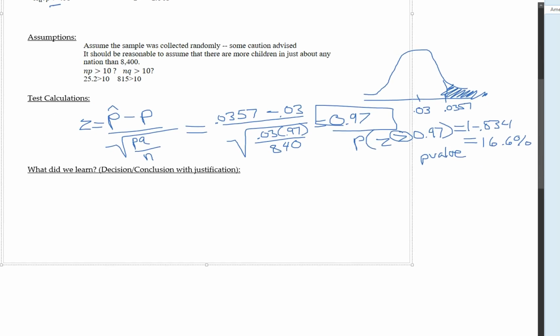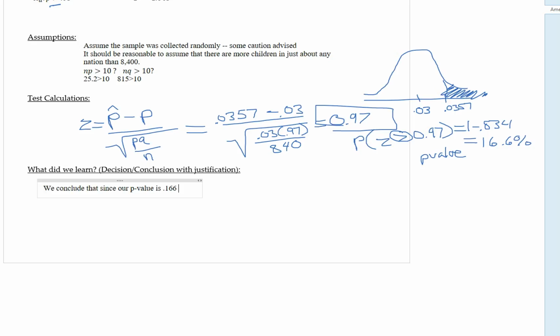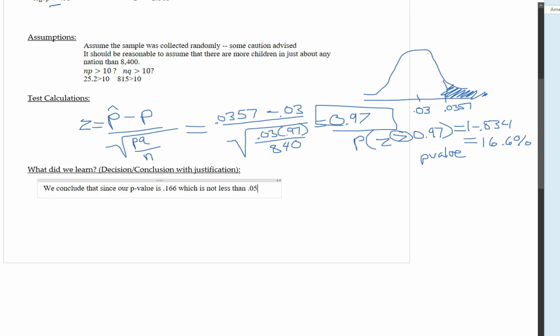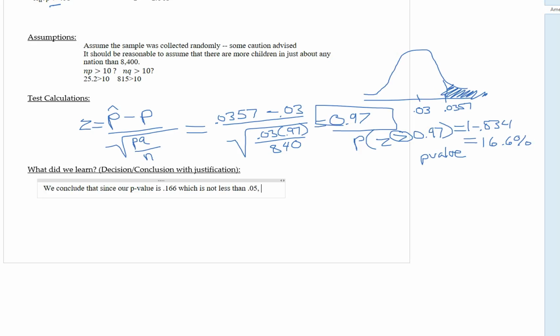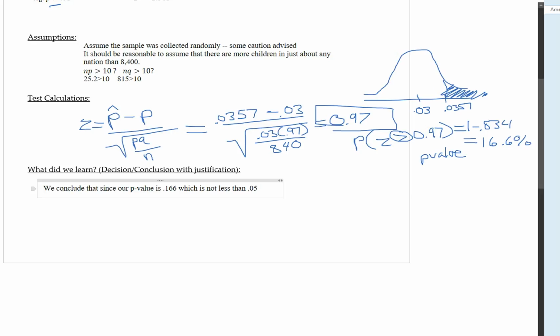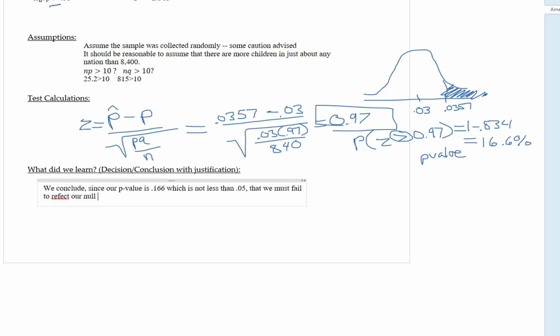So let's write that down conclusively down here and finish up this example. So we conclude that since our p-value is 0.166, which is not less than what we decided was our critical value, 0.05, we conclude, I'm going to put a little comma here, that we must fail to reject our null hypothesis, or H sub 0.